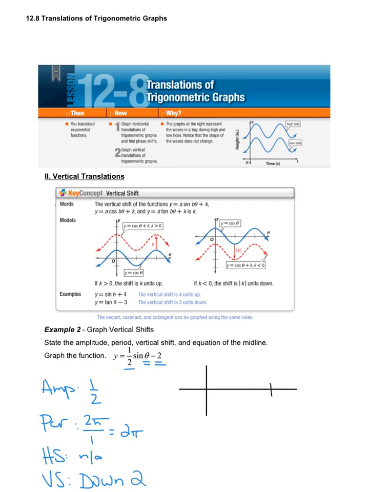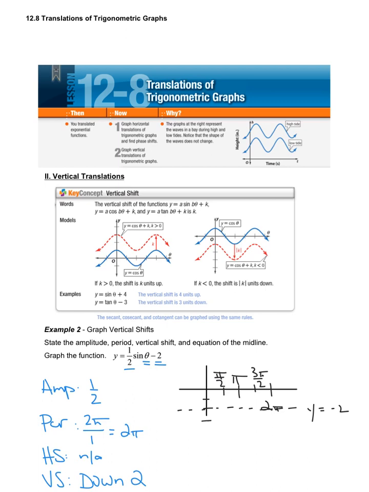Now, we can do everything just like we did before. So we have 2 pi, we have pi, we have pi halves, and we have 3 pi halves. Notice our graph shifted down 2. So actually what I'm going to do is put what's called a midline in here at y equals negative 2. And that's going to help me keep my graph centered as we go through things.